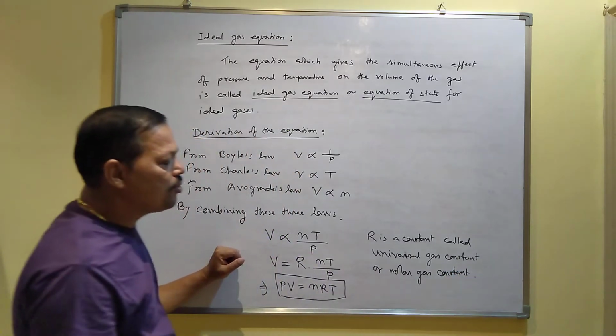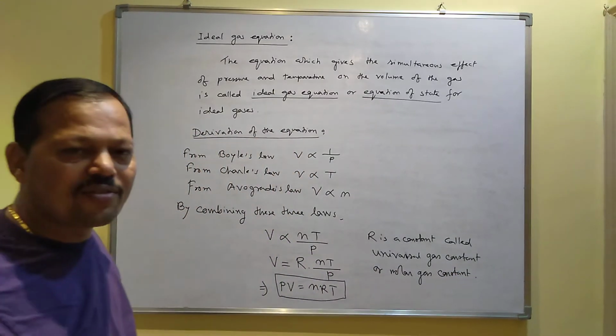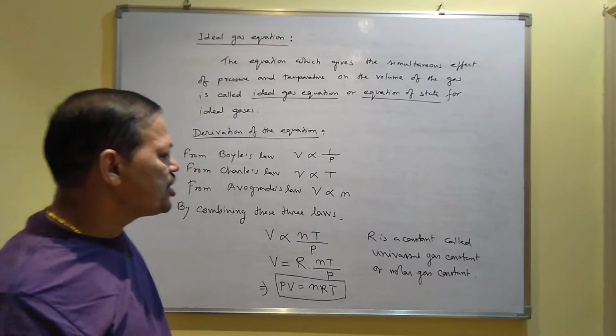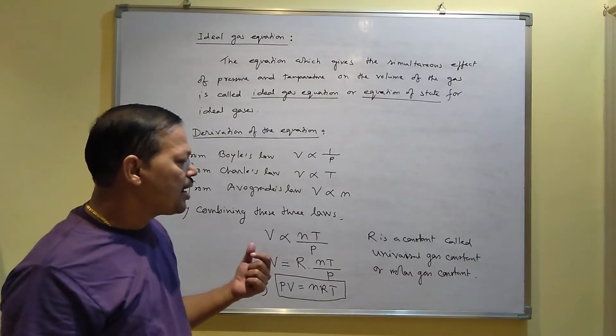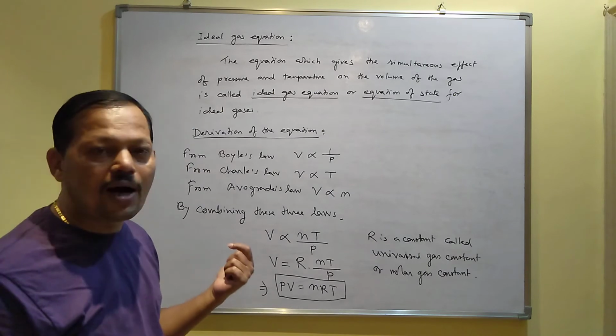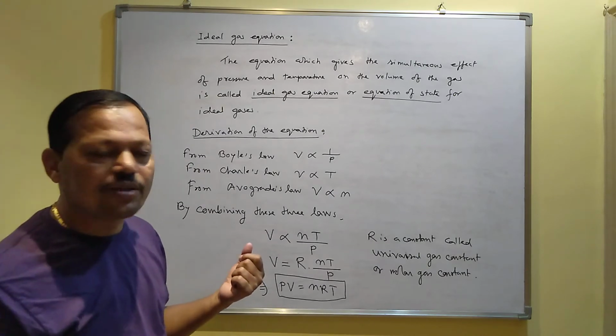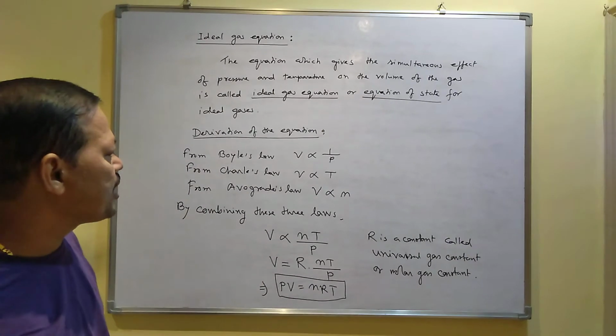I will give you the value of R, and you have to learn it, because mostly in chemistry equations the constant R is used, and you have to put it in the numerical if you get R constant.